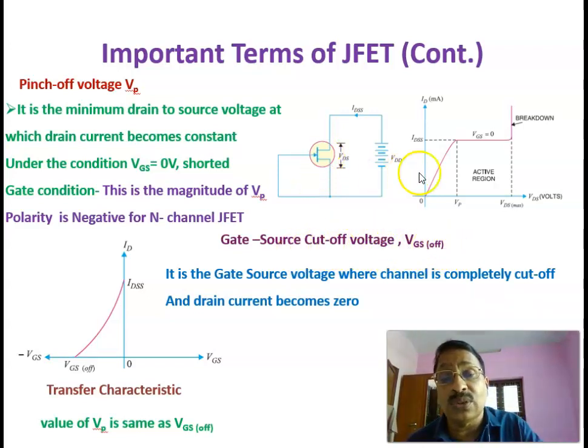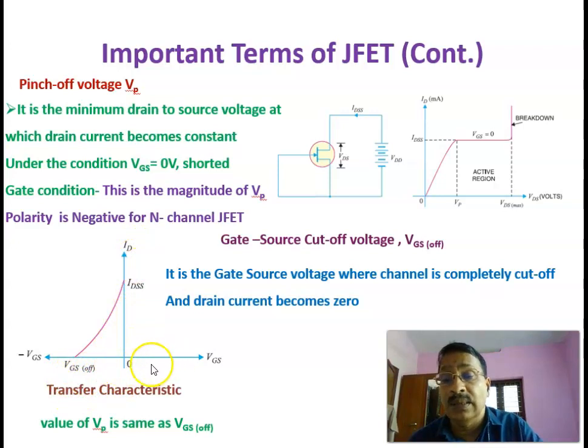If the gate to source voltage is increased, again the depletion region increases. Finally, at a particular value of VGS, the drain current is reduced to zero. That is represented by the transfer characteristics.